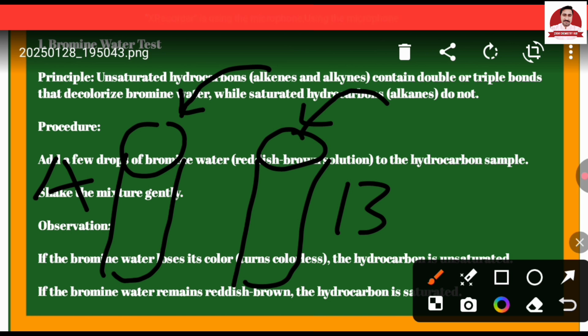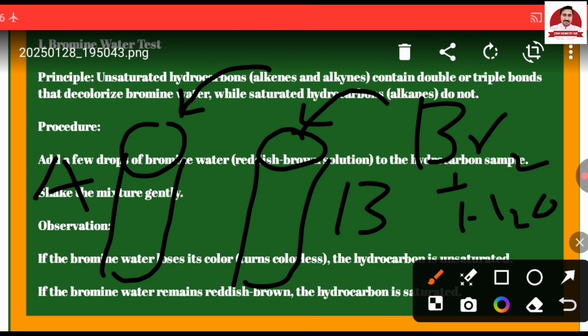Then we take bromine water solution and we pour it one by one into these two test tubes.